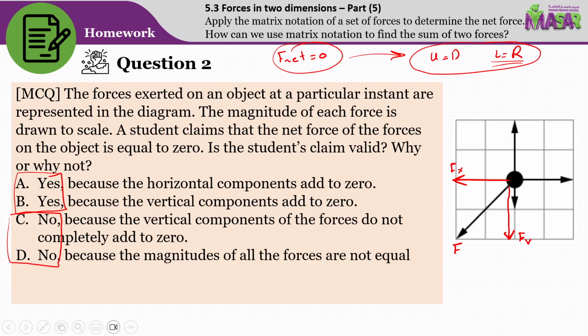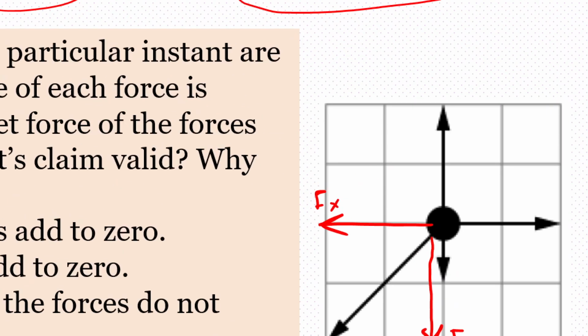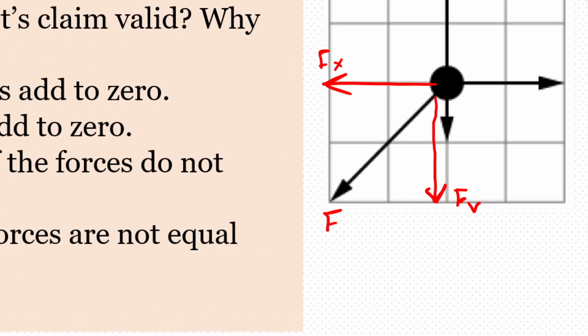Now let's evaluate the upward forces. Along the vertical we have only one force and it's acting with a magnitude of 2 units. And for the downward forces, we have actually two forces, two arrows. The first arrow is only one box, and the second arrow is two. So if we add them up together, we'll get three.